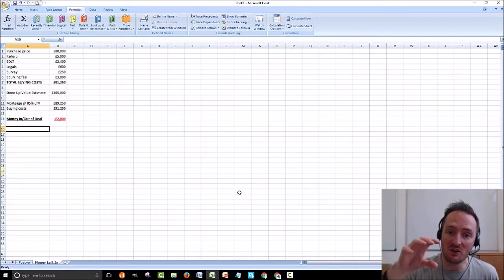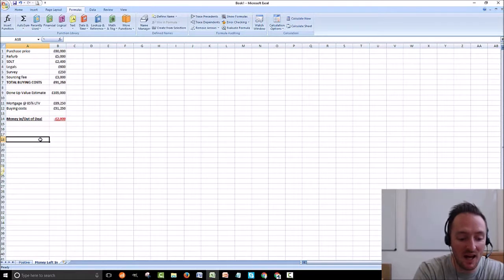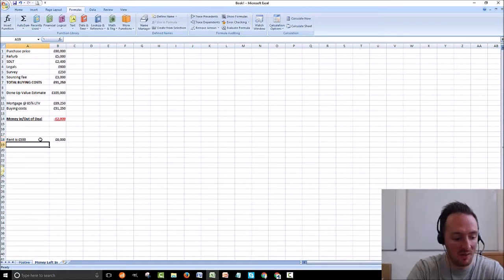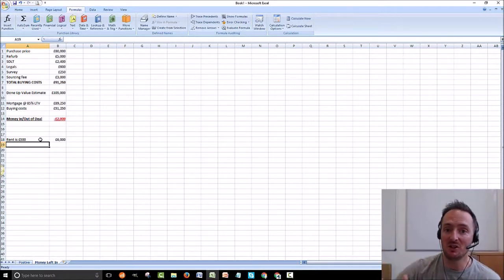But the return on your investment effectively means, if we just do that, because I haven't done a calculator for it, but let's just say rent is £500 per month. So that means it's £6,000 per year. So if we work out that so £2,000 divided by £6,000, so the money that you've left in versus the money that you get back out.